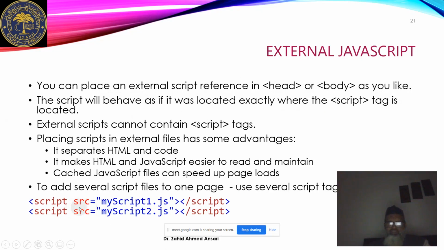So when you have source equal to myscript1.js, basically the contents of myscript1.js are just put over there within this script tag.